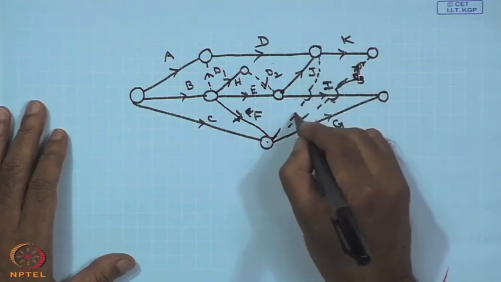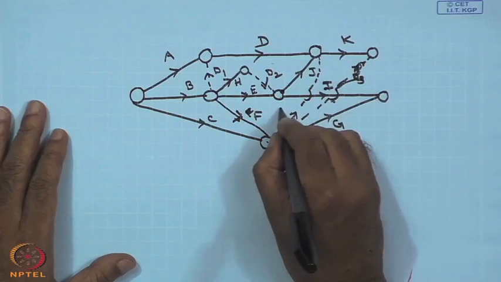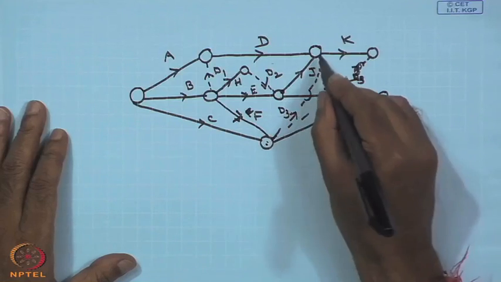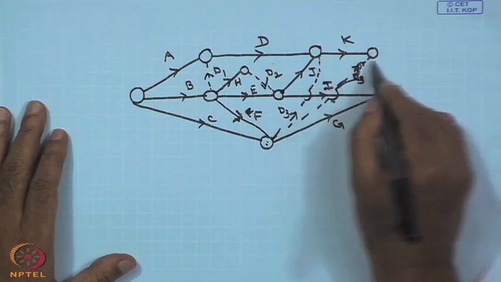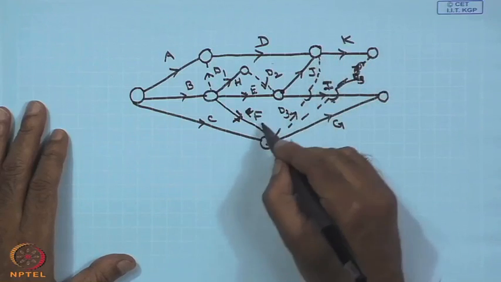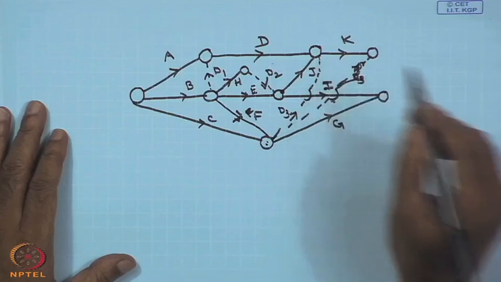A dummy activity should be connected there. So, this is your D3. Connecting from this to this, because this is not this, this is K. Before starting K, C and F should be completed. So, you are using one dummy activity.